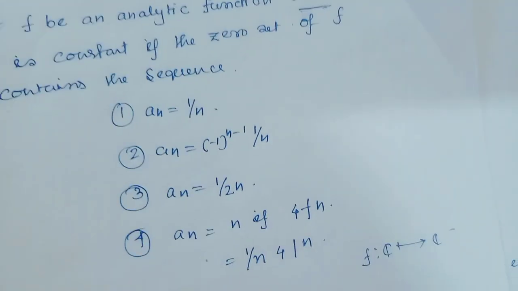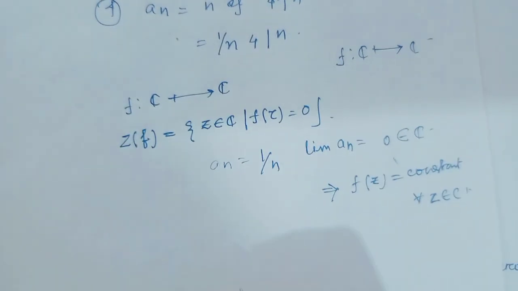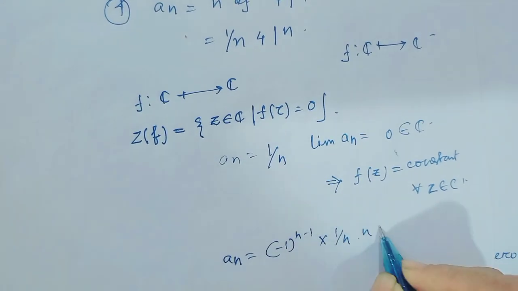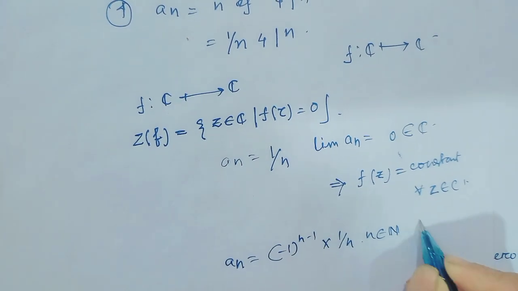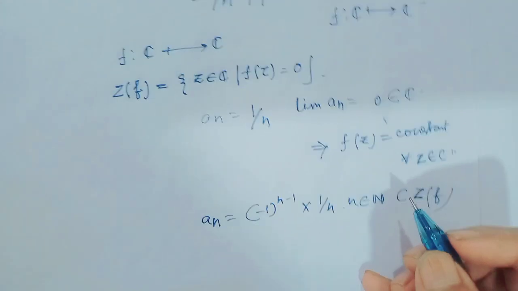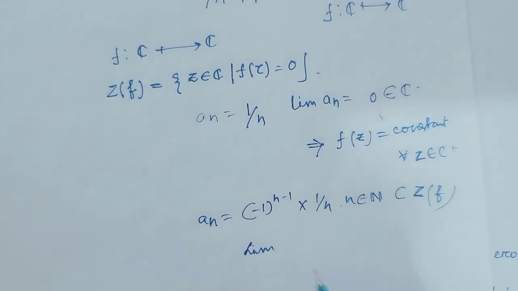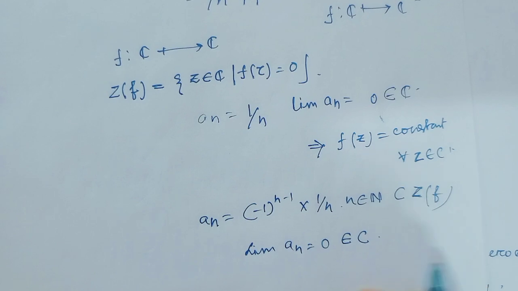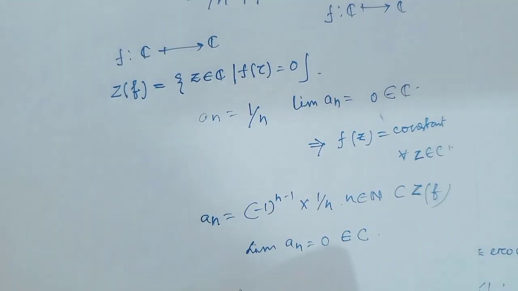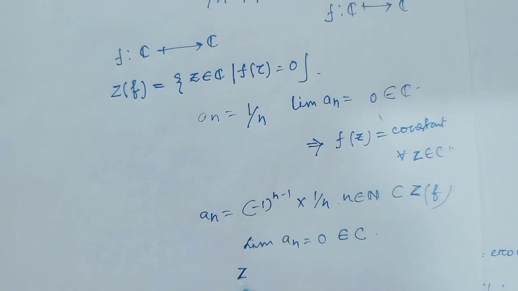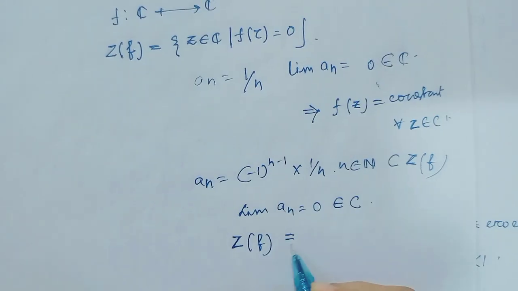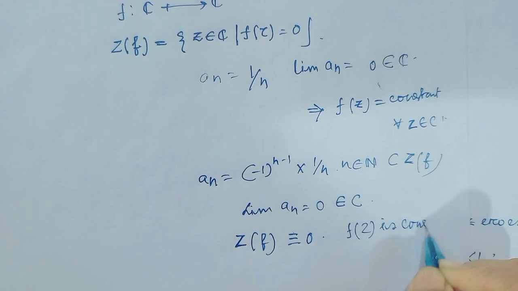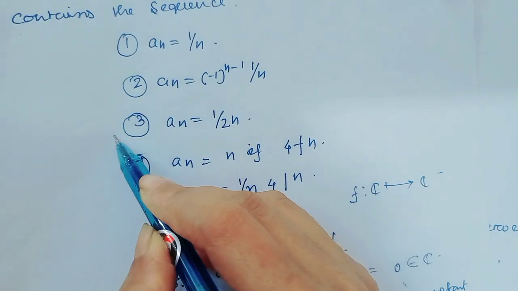Here the zero set contains the sequence minus 1 to the power n minus 1 times 1 over n, where n belongs to the natural numbers. And the limit of the sequence is 0, which belongs to the domain C, since f is defined from C to C. So by the identity theorem we can tell f is identically equal to 0, that implies f of z is constant. Option 3 is also a right option.